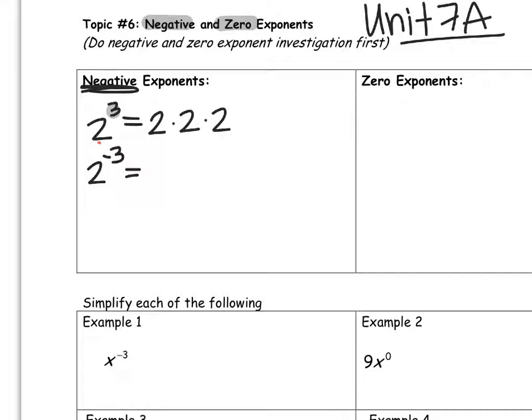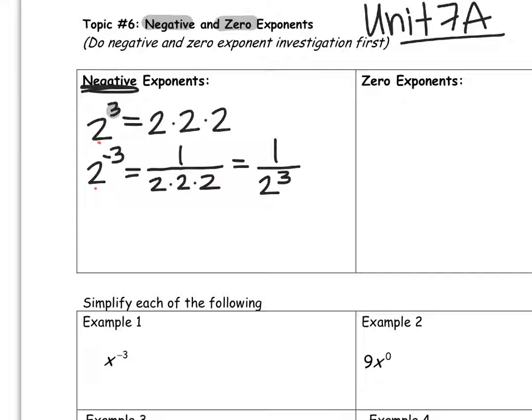It means that I divide by 2 3 times. So what that looks like really is, since it's dividing, I need a fraction. In the denominator of my fraction, I would put divide by 2 again, divide by 2. And my numerator would just be 1. So really what that means is 1 divided by 2 3 times.